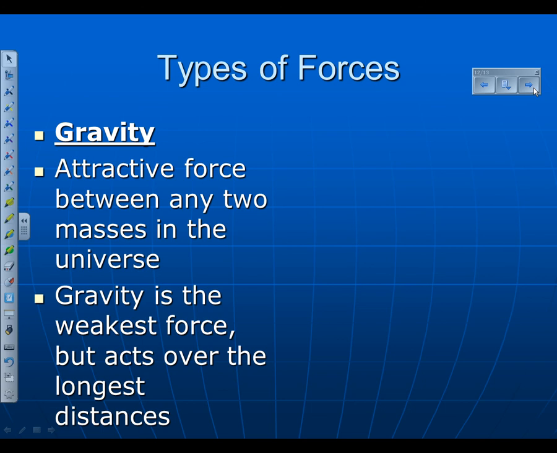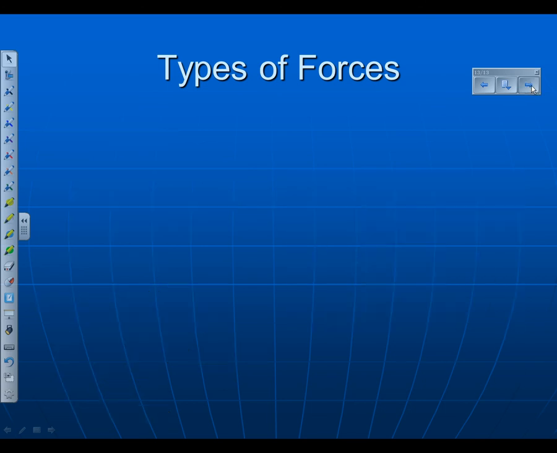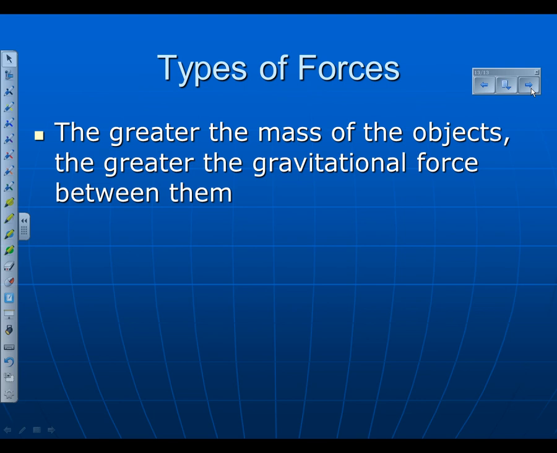Okay? Good there? Alright, how much gravity is there? Well, it depends. The greater the mass of the objects, the greater the gravitational force between them. What kind of relationship does that sound like? That's a direct relationship. The amount of gravity that exists between two objects directly depends on the mass of those objects. As the mass gets greater, the amount of gravity gets greater.